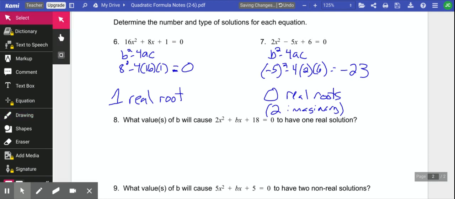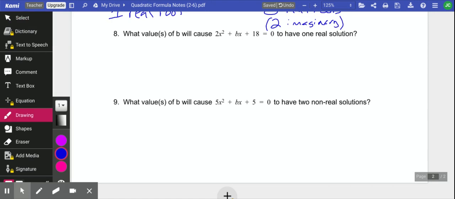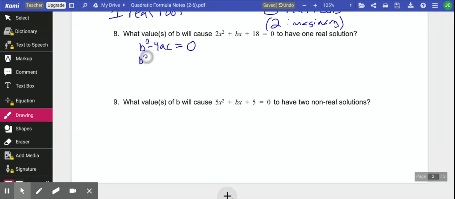All right, last couple of questions. What value of b will cause us to have one real solution? So remember, we have one real solution, if you look back up at that table, when b squared minus 4ac is 0. So we're going to plug in what we know. We don't know b, but we do know that a is 2 and c is 18.